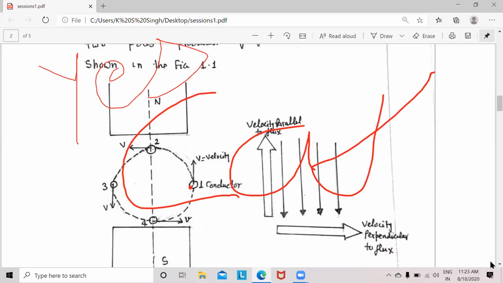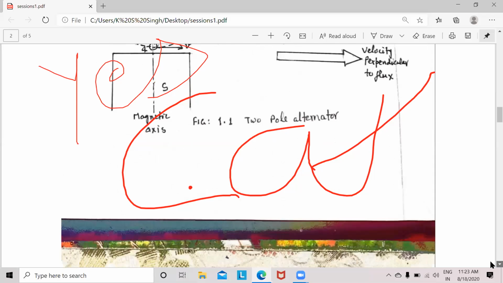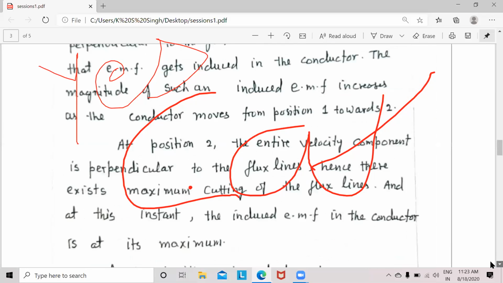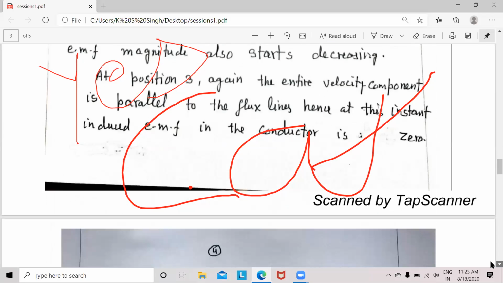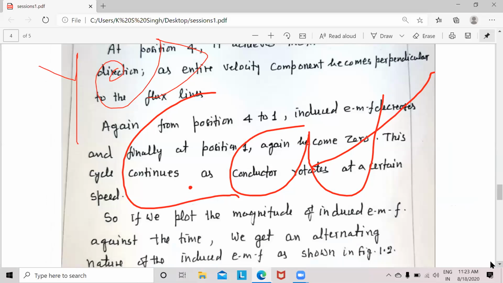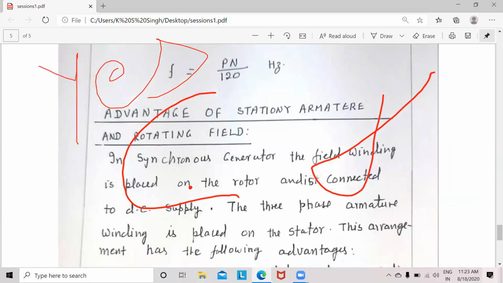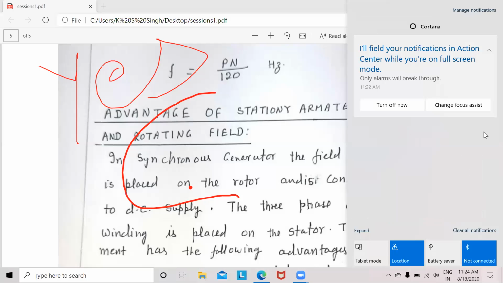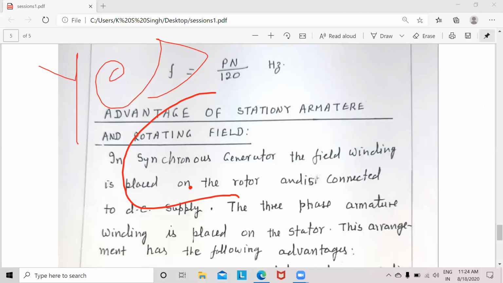If you draw the voltage induced versus time curve, you find a complete sinusoidal wave.